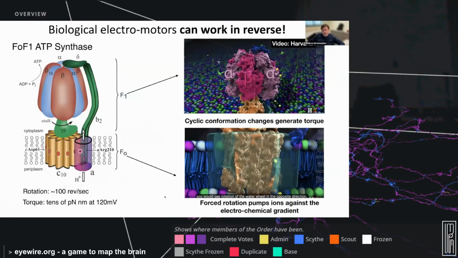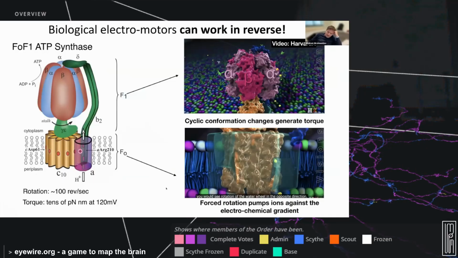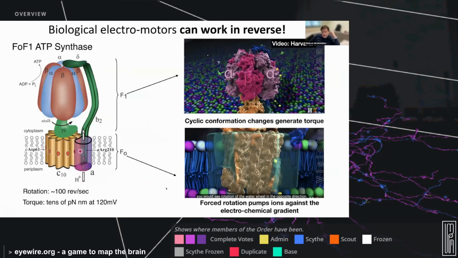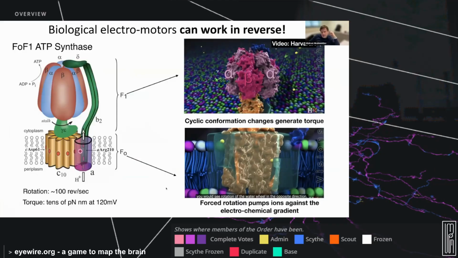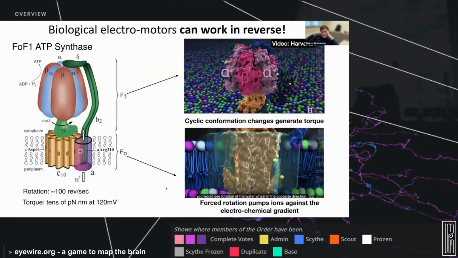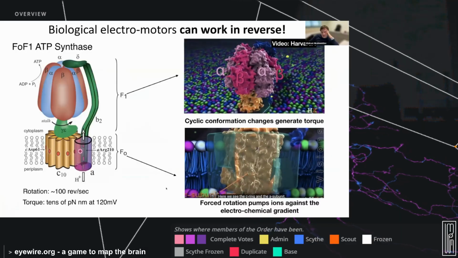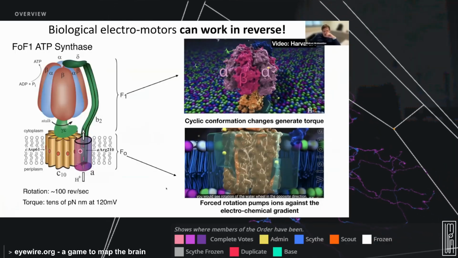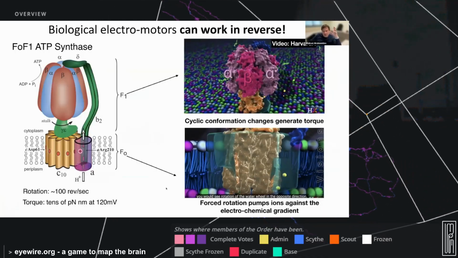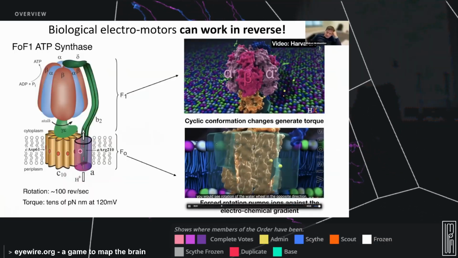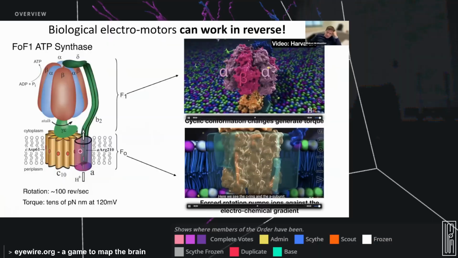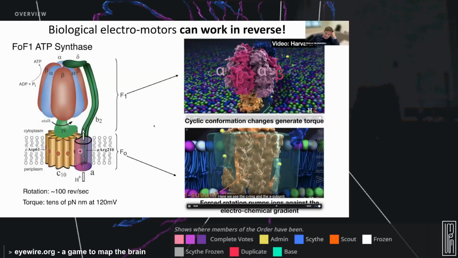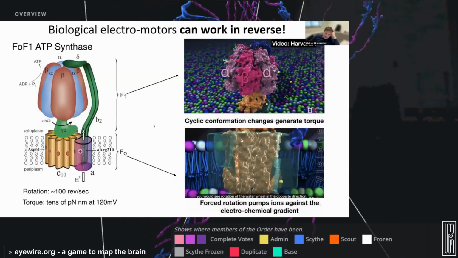Now, the last thing that I want to tell you is that FOF1 ATP synthase is actually a reversible motor. Under synthesis conditions, it converts the electrochemical gradient into synthesis of ATP, but in some conditions, you actually want to do it in reverse. It would hydrolyze ATP here and pump ions against the concentration gradient.